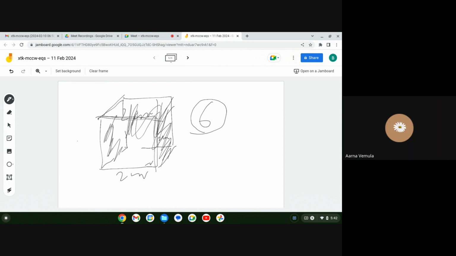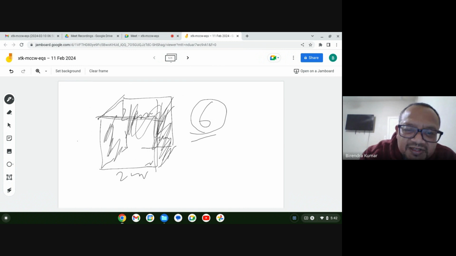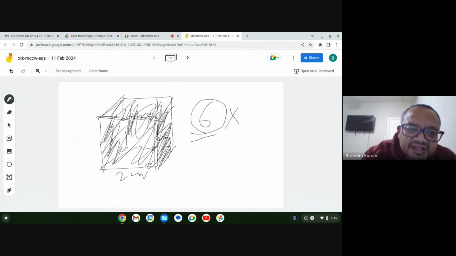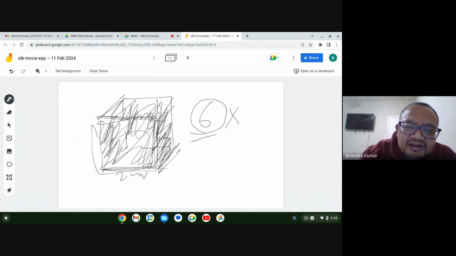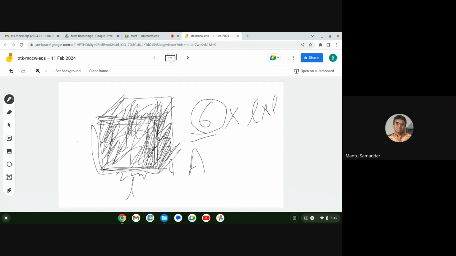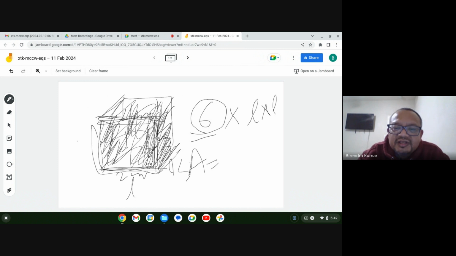So you're clear. That means the surface area of the dice is equal to 6 times something common. If I pick this side, this is length and this is width. Here, length and width are the same, which I'll call length. Height is also length because everything is the same. So 6 times one area, which is length into length. My surface area of a cube is 6 times length square.